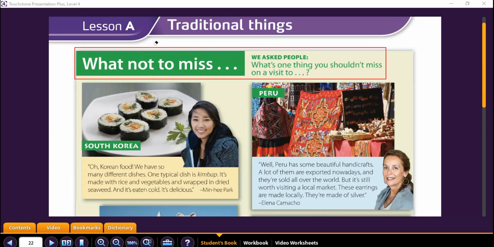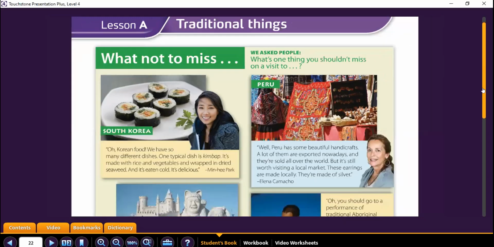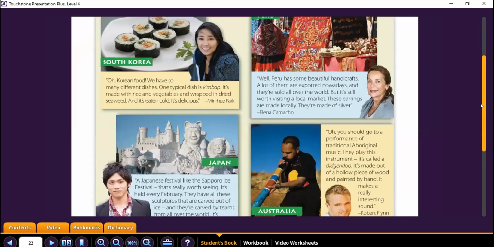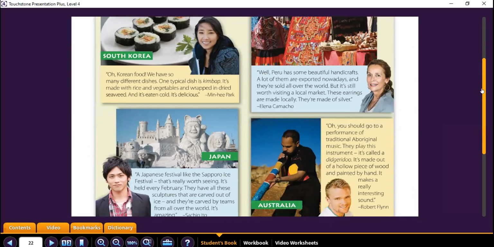So if you're at home with the book, please read this small reading on page 22, and then you're going to help me with some answers. For people who don't have the book at home, you can read about these places right here, okay? So for example, Alex, you can read the article here and then you help me with the answers, okay? A very, very fast reading.